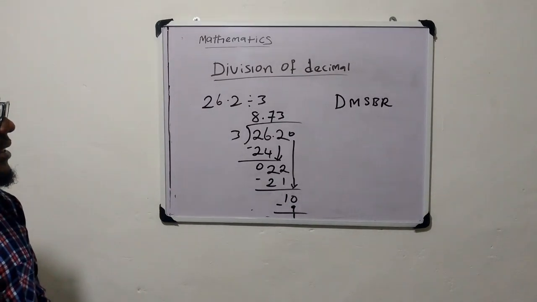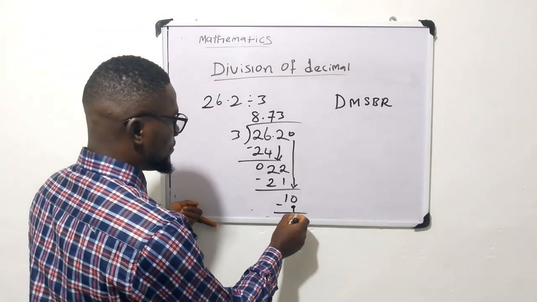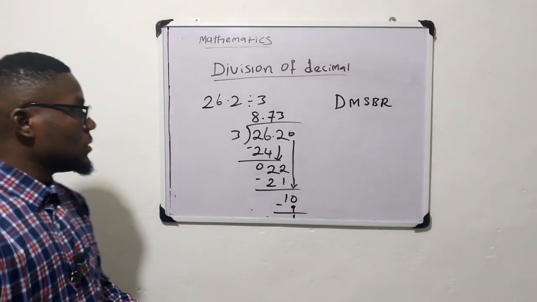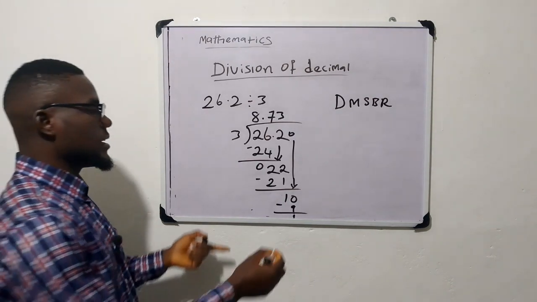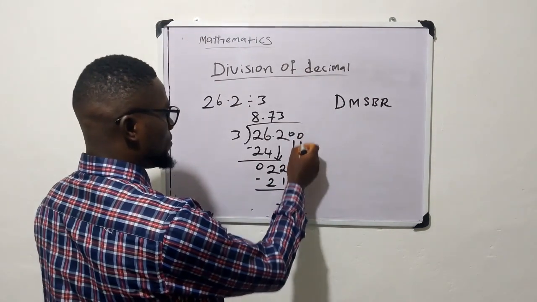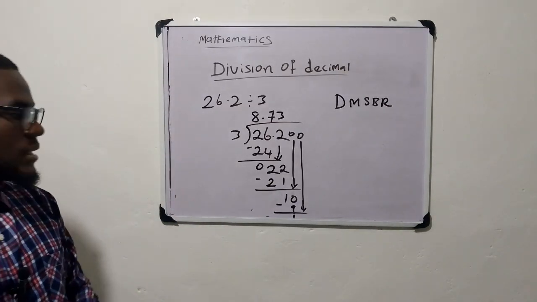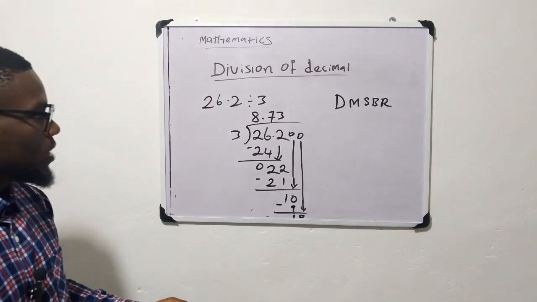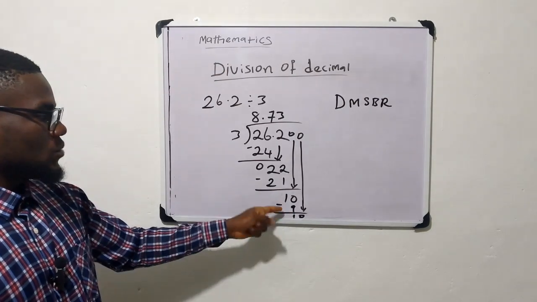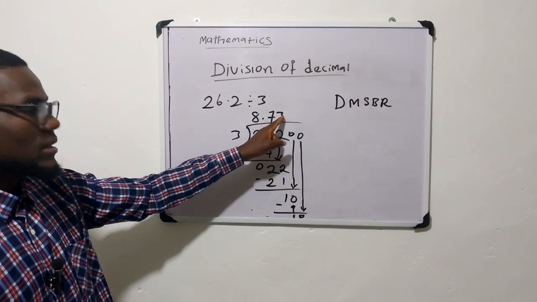So at this point, you know that 1 cannot be divided by 3. So what are we going to do? We are going to add 0 here again and bring down. But we know that if you have 10 here, as usual, what we did here, when we divide 10 by 3, you're going to have 3.